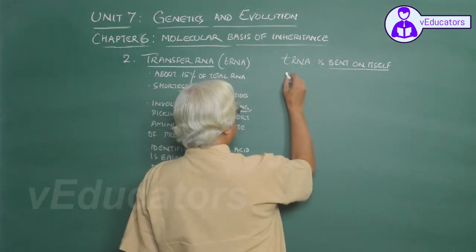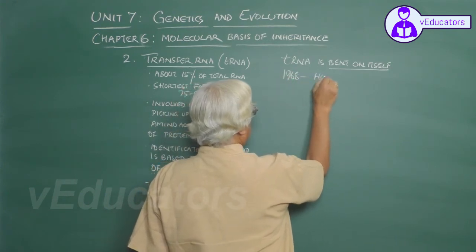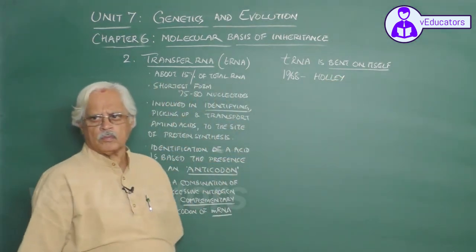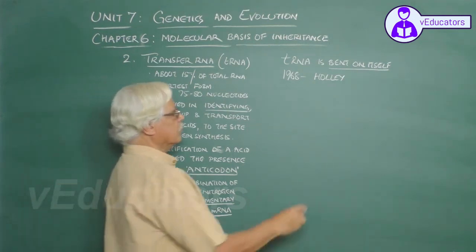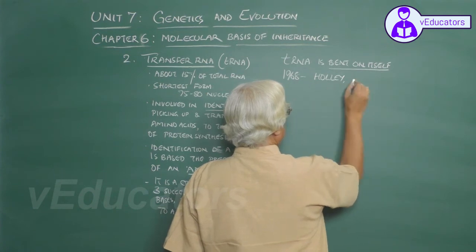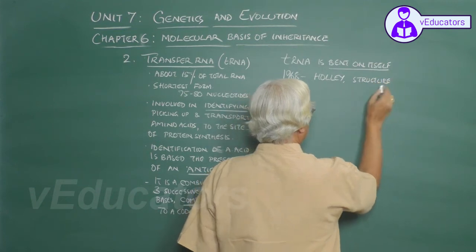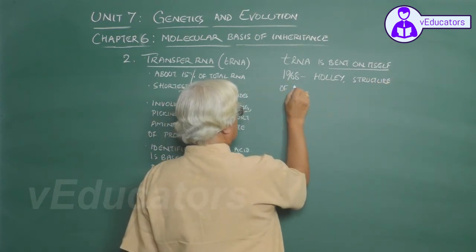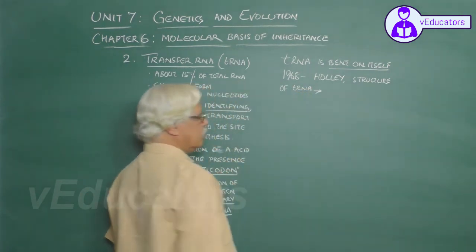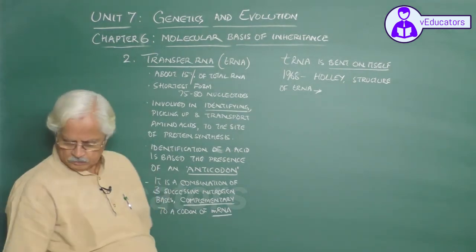In the year 1968, a biologist by name Holley gave the structure of the tRNA molecule to be in the form of a loop.